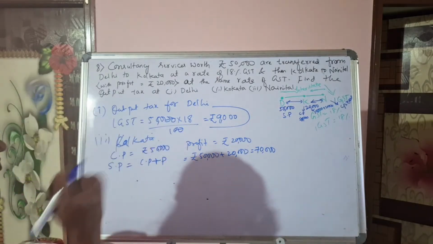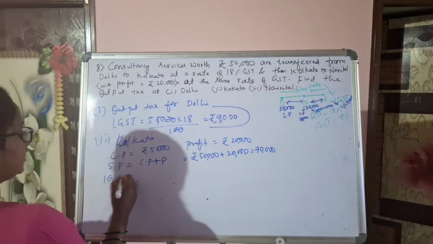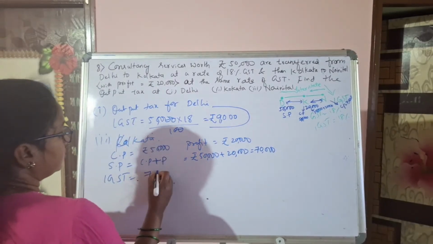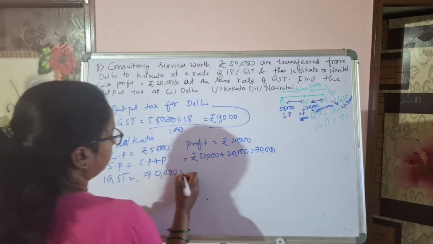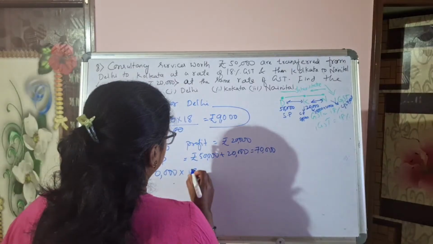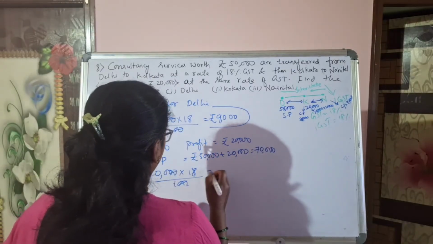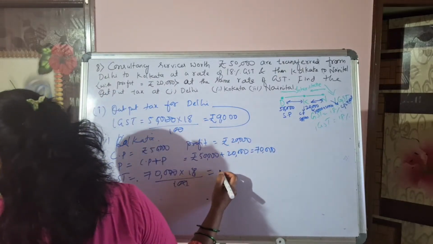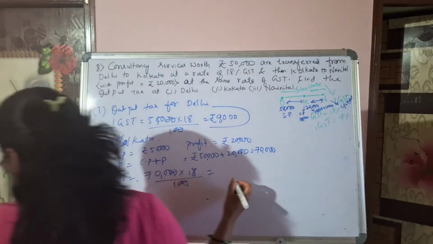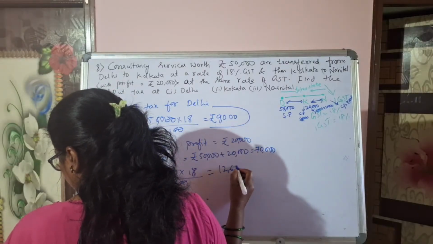Since here also the transaction is interstate, IGST is equal to 70,000 of 18%, which is 18 divided by 100, which is equal to 12,600.